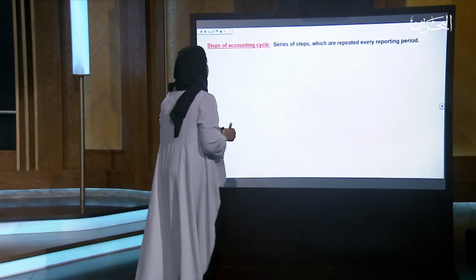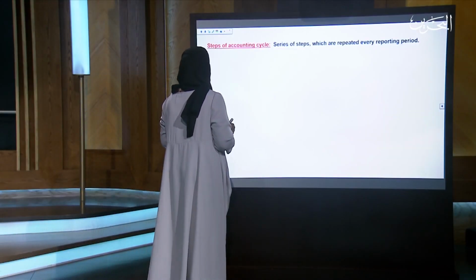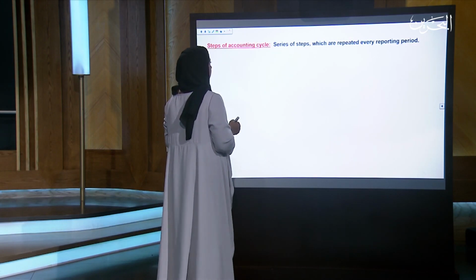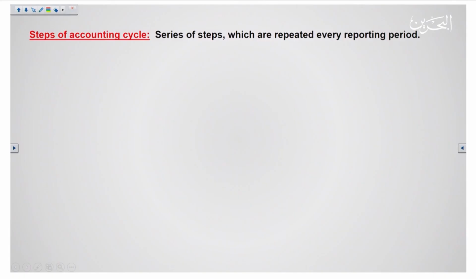As a summary of all the information and skills that we are going to learn from Accounting 1, Accounting 2, and Accounting 3, we have prepared the steps of the accounting cycle.